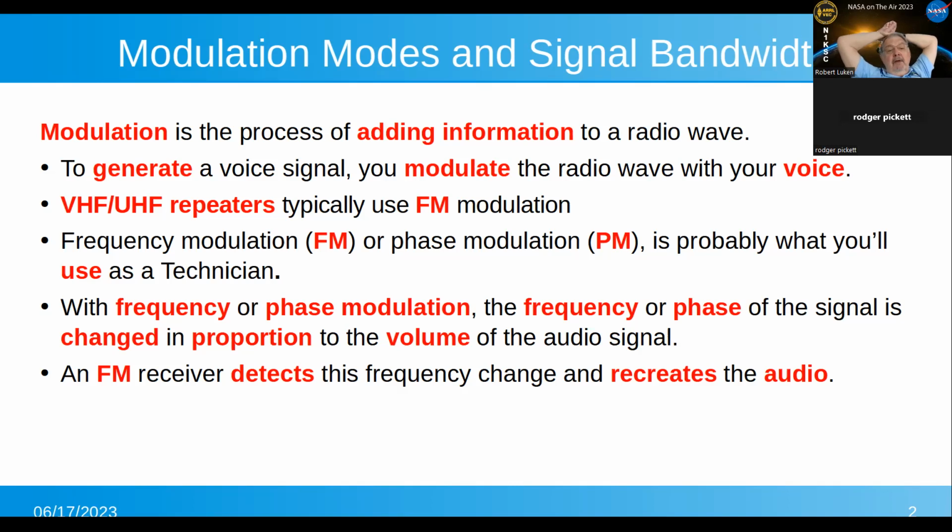An FM radio or receiver can detect the change in frequency. They use something they call a discriminator. It's a little more complicated than detecting an amplitude, where all you need is an envelope detector, which is a low pass filter and a diode.